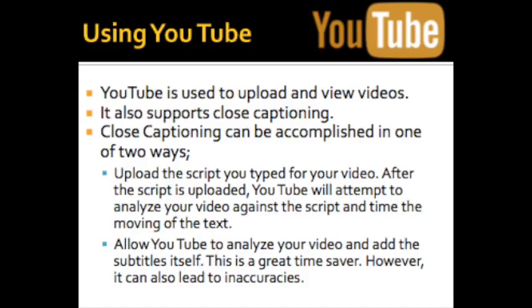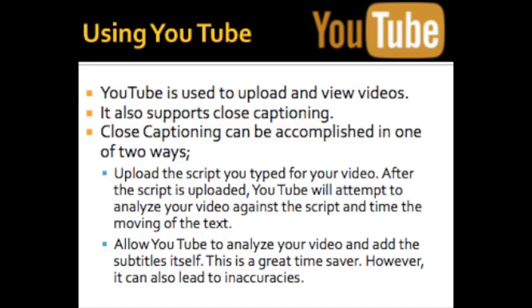YouTube will then use its built-in tools to analyze the text you uploaded and sync it with your speaking component. About 15 minutes later, your closed captioning will be ready to view. You can then edit the text further if there are any text errors or problems with the timing.